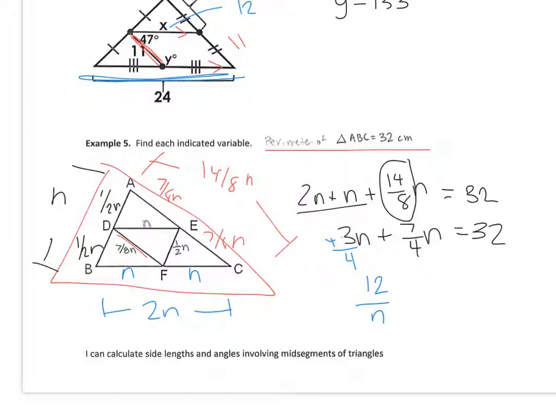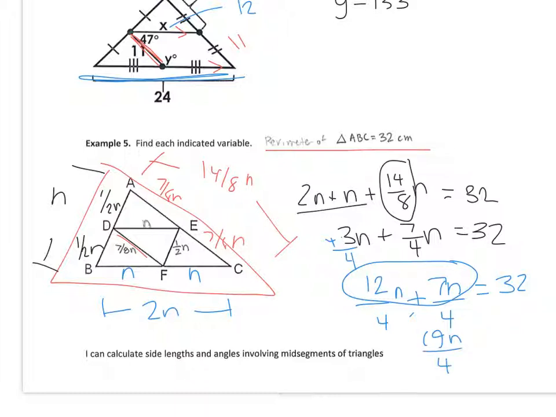Oops, not 12 over n. It's 12n over 4 plus 7n over 4 equals 32. So 12 n's and 7 n's is 19 n's over 4 equals 32.